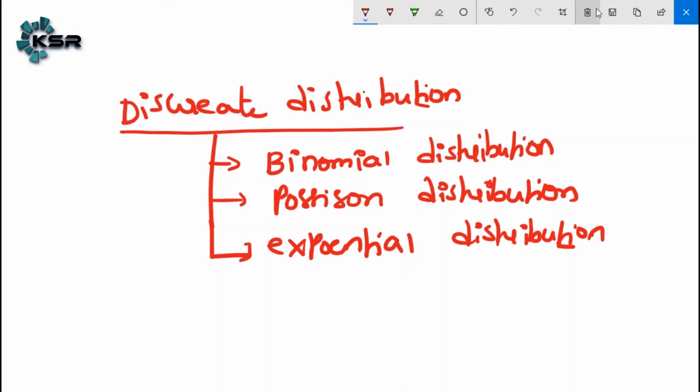We will talk about them one by one in detail: what is the binomial distribution, what is the Poisson distribution, how binomial distribution is different from Poisson distribution, and how Poisson distribution is different from exponential distribution.